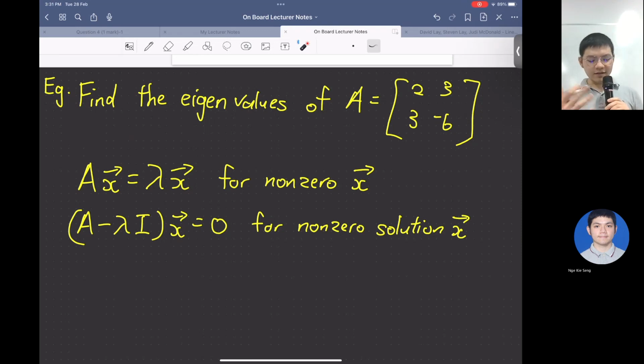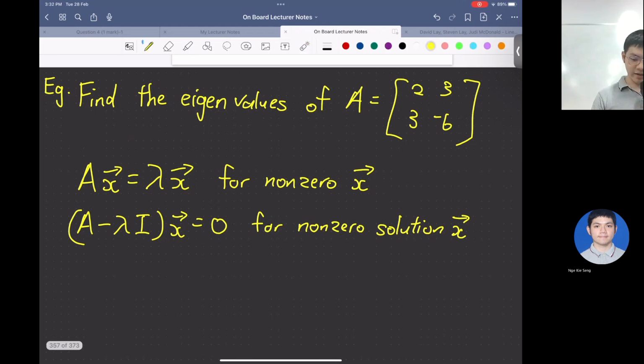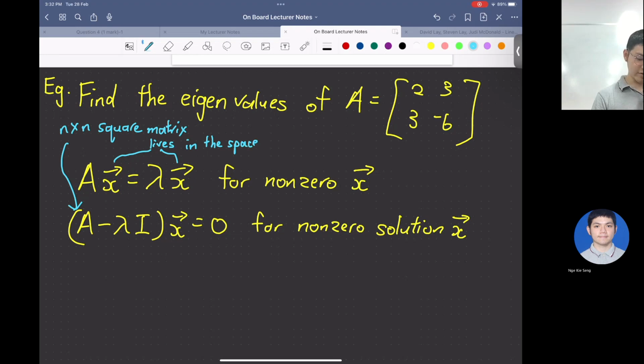So when does this system have a non-zero solution? One thing to note here is we only talk about n by n square matrices, because x should live in the same space. So this linear transformation should be between the same space. Otherwise, it doesn't make sense.